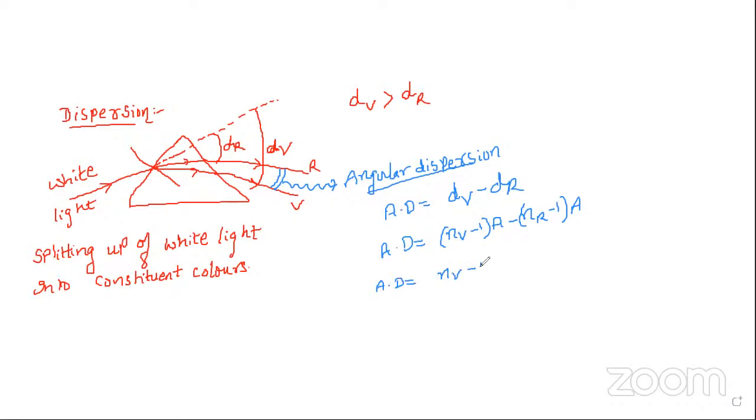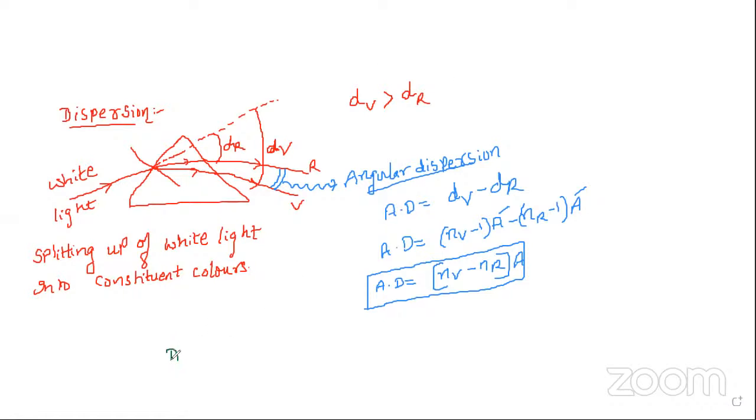If you take out A as a common term, nV minus 1 minus nR plus 1. Minus 1 plus 1 will get cancelled out. So the left out term will be nV minus nR. So the formula for angular dispersion is (nV minus nR) into A.